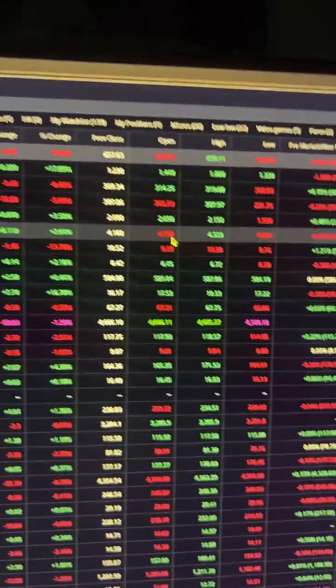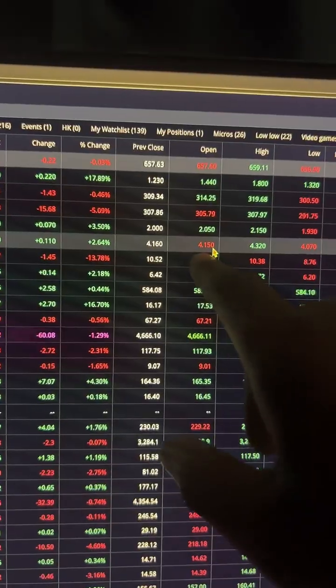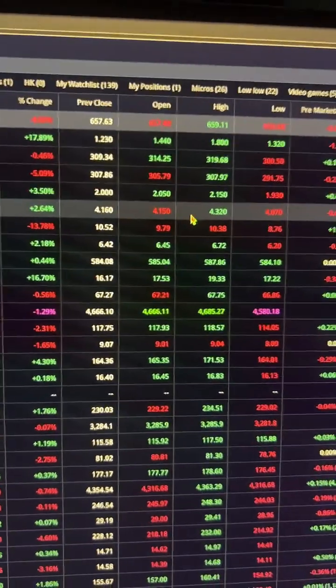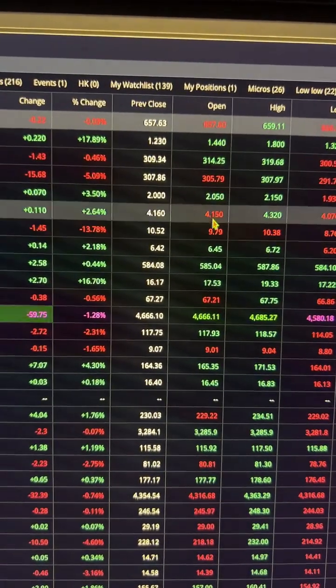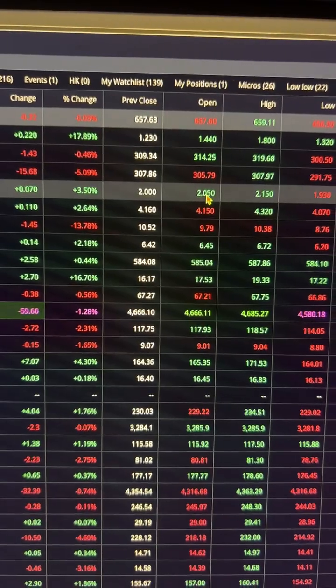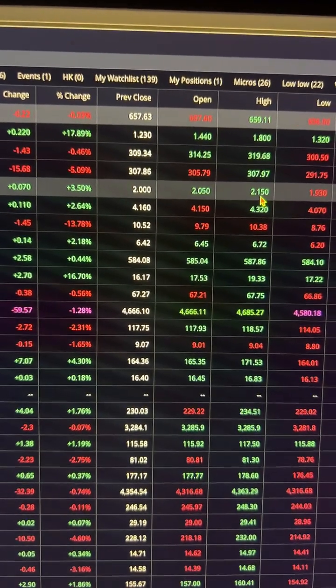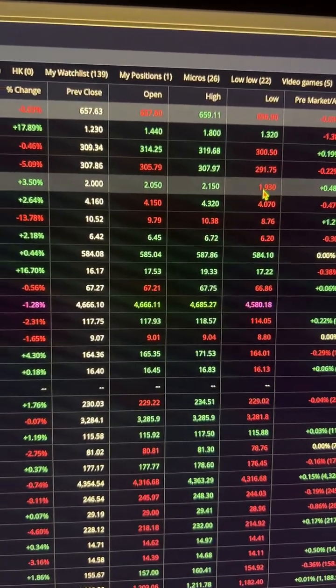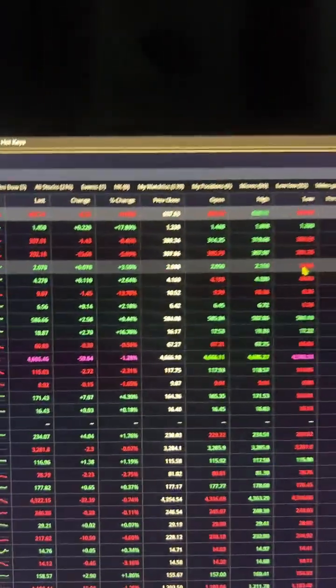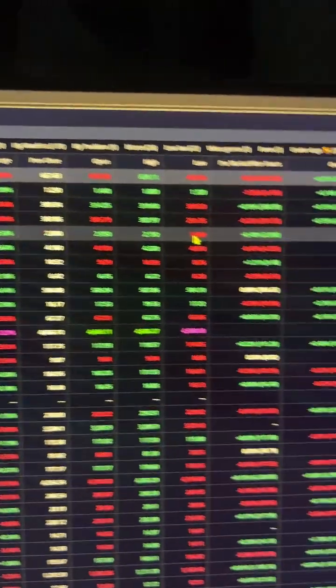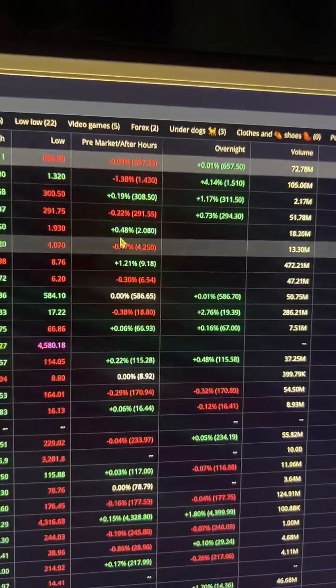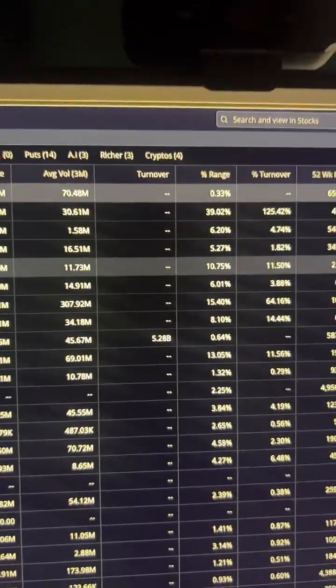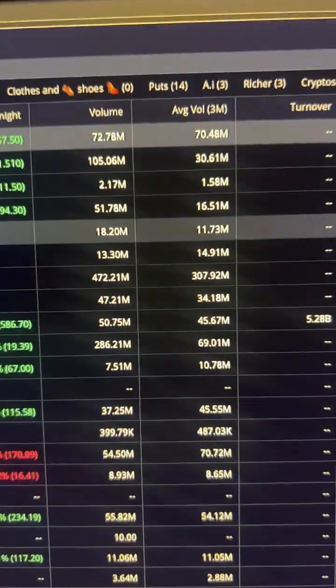GoPro opened at $2.05, and it made it all the way up to $2.15, and it was as low as $1.93. You can find all this information on the watch list page. Pre-market and after-market hours on the same stock. The volume, average volume, which is how many people are trading that stock, right?